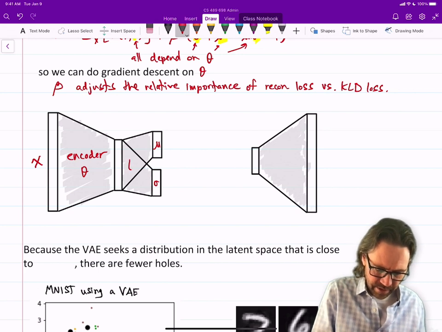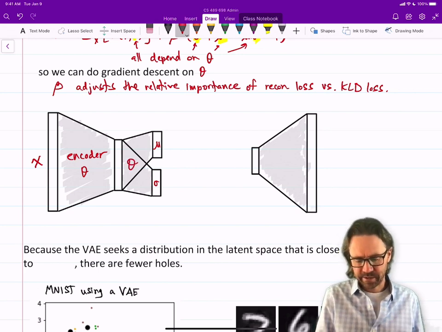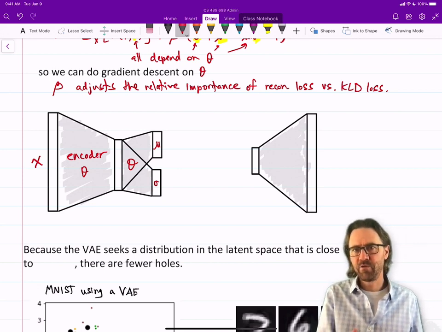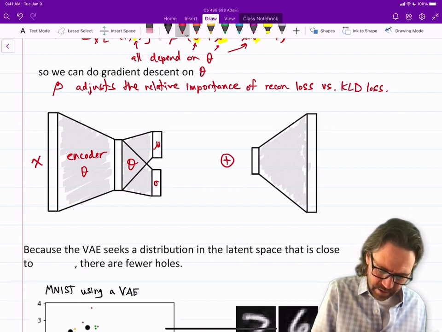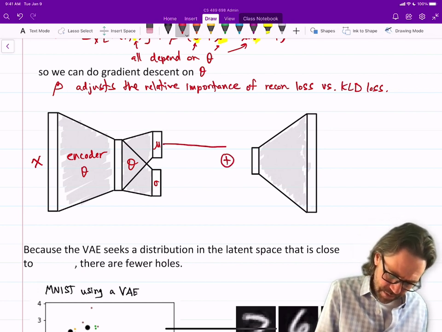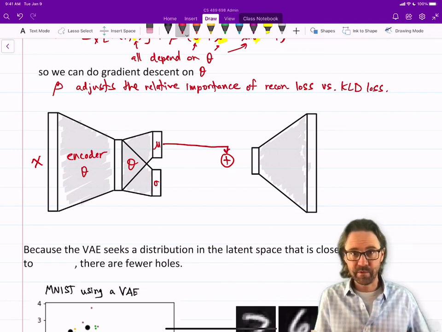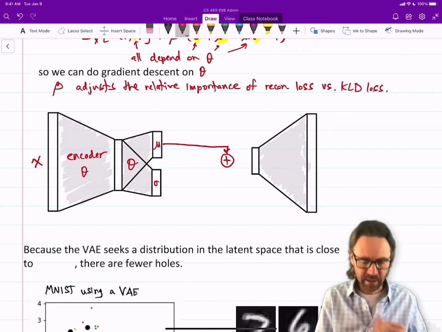So there's theta in here as well. Now what we do with these is we construct a normal distribution from them. We add together mu, the mean, plus some random noise that is scaled by sigma.